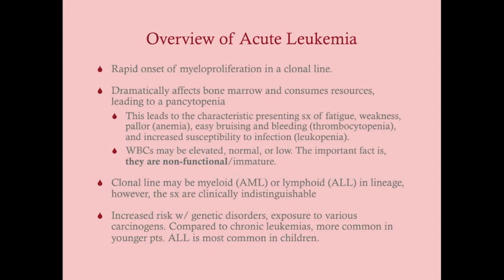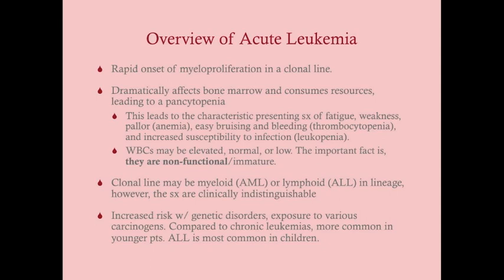You're getting a proliferation of one single cell line that's deranged. However, in acute leukemia, it's a rapid onset, whereas in chronic leukemia, it's a slower onset. And generally, in chronic leukemia, the cells tend to be more functional, whereas in acute leukemia, the cells are non-functional.